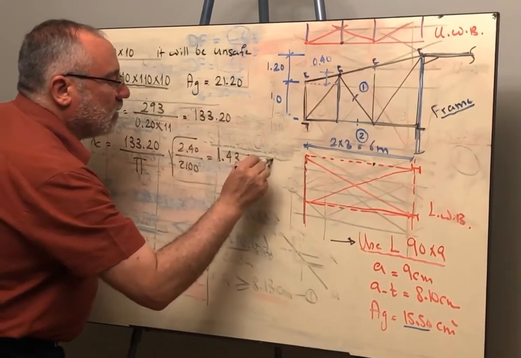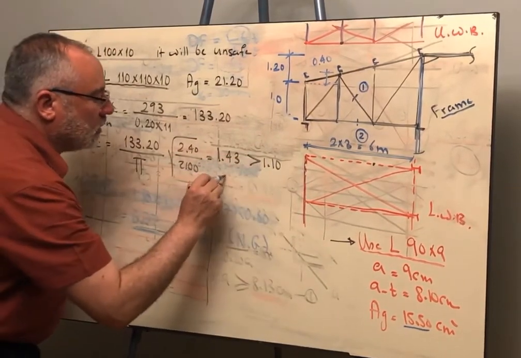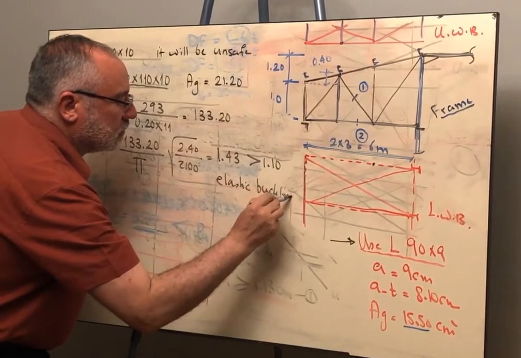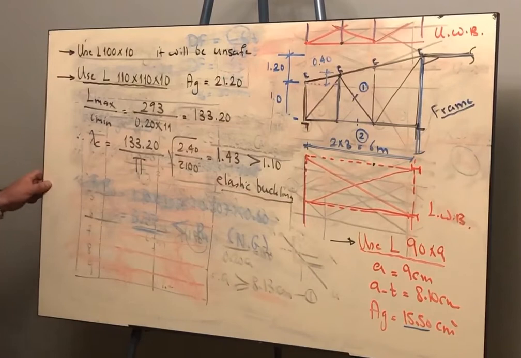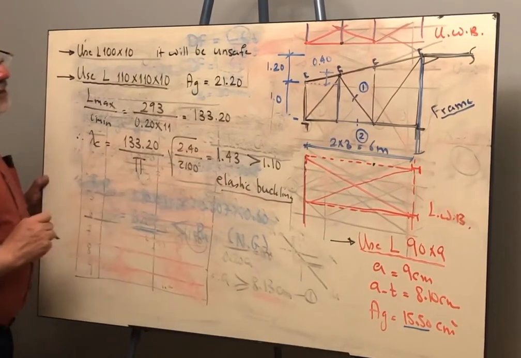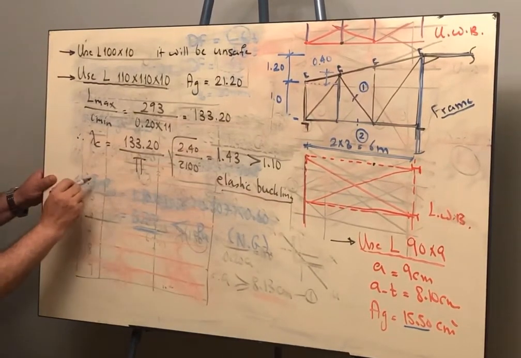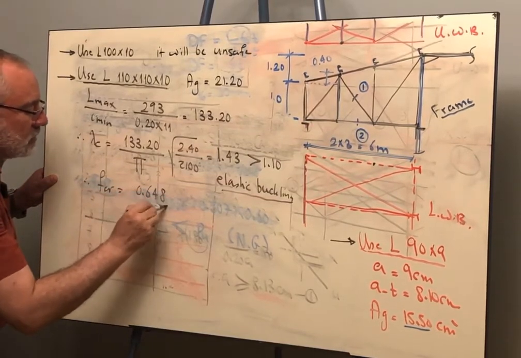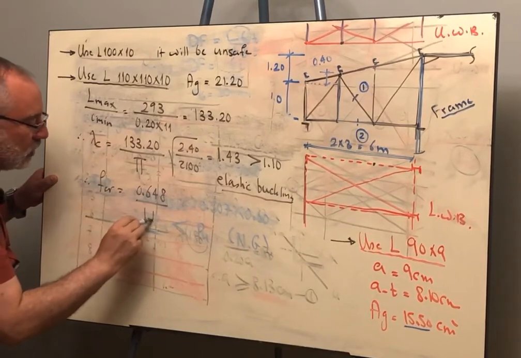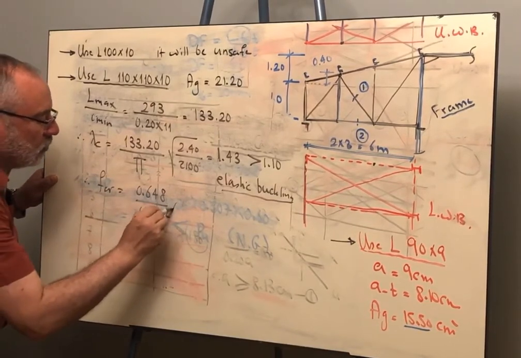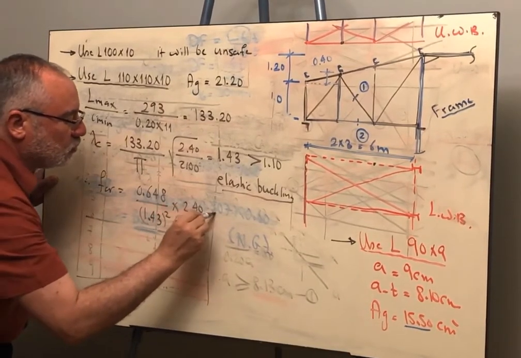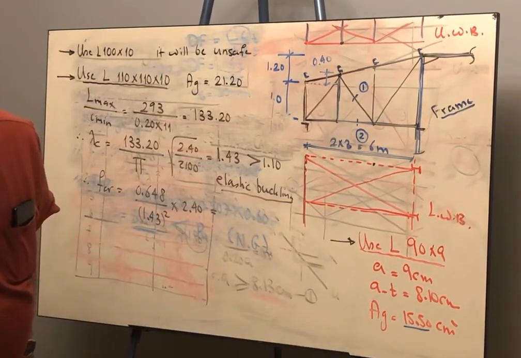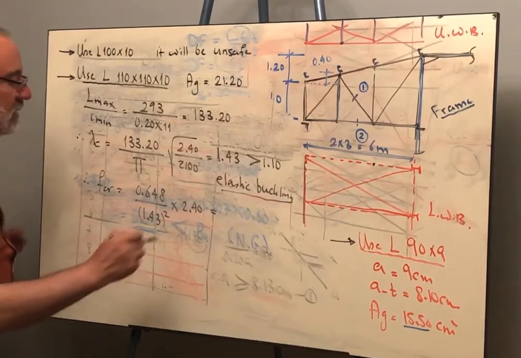This is again bigger than 1.1. We are still having elastic buckling. As long as lambda C is bigger than 1.1, therefore F critical will be 0.648 over lambda C square, which is 1.43 whole square, times F yield, which is 2.4. We get this value and it will be 0.76.